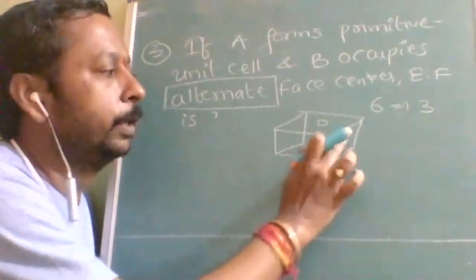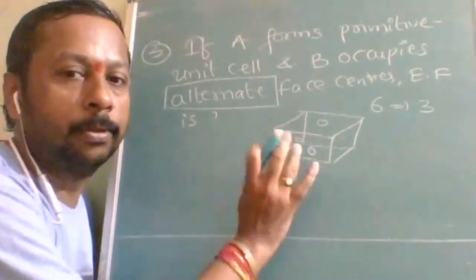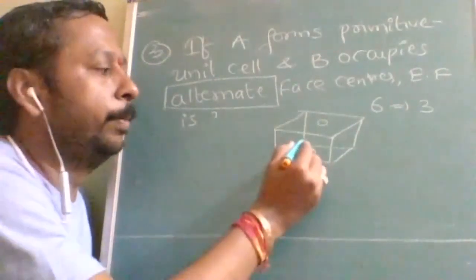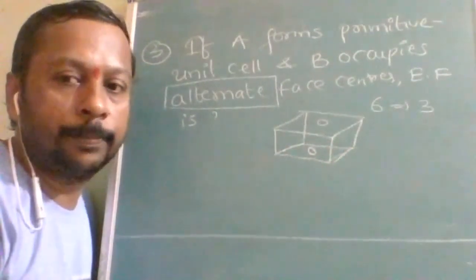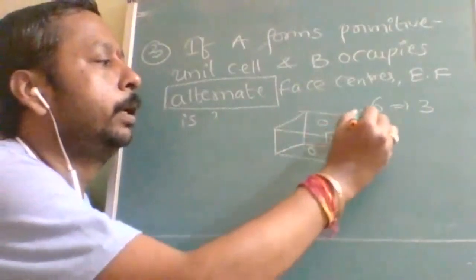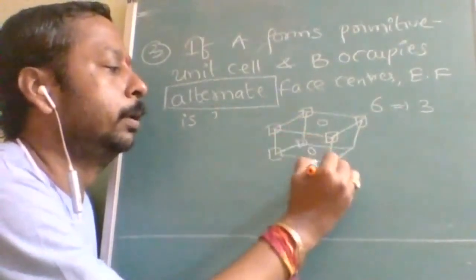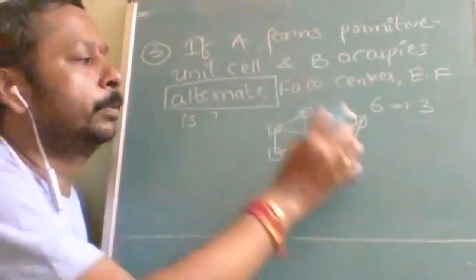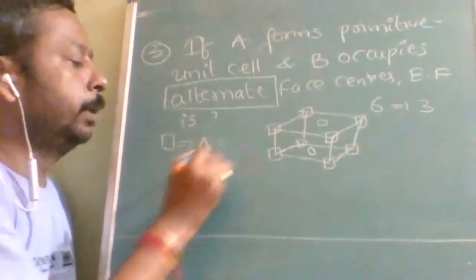So to keep it alternate, only two face centers can be occupied. So two face centers and eight corners. These are representing corners. Now it is able to complete. A forms primitive. What is this? A is square. That is A. Will be how many?